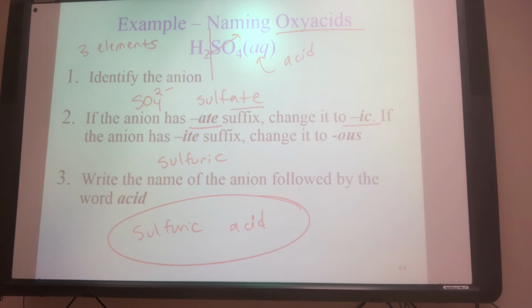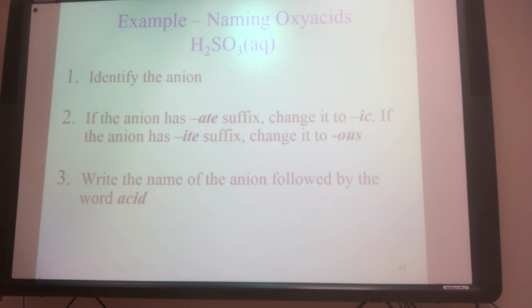All right, let's do another one. So I want to name this. The first thing I notice is the AQ, which tells me this is an acid. Now I notice that there's 1, 2, 3 elements, so I know it's an oxyacid. I know there's always H, so now I've got to figure out who's the other guy. The other guy is my SO3. He has a 2- charge.